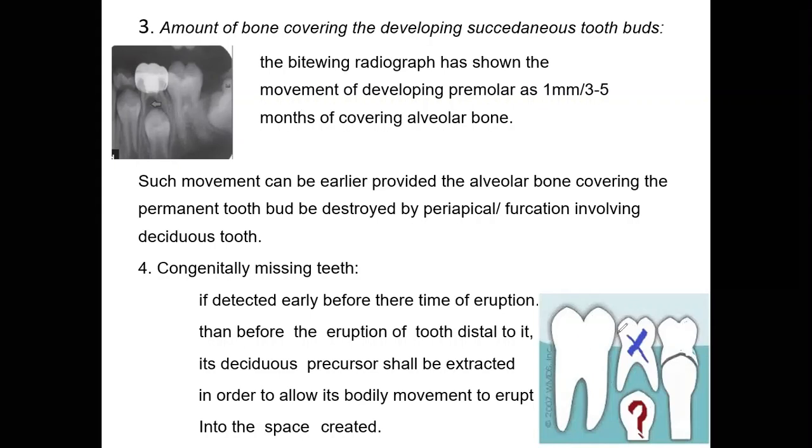So we will give a space maintainer over here to prevent this tooth and this tooth from drifting into the empty space, and we will be maintaining a space for our succedaneous tooth to erupt into the oral cavity.